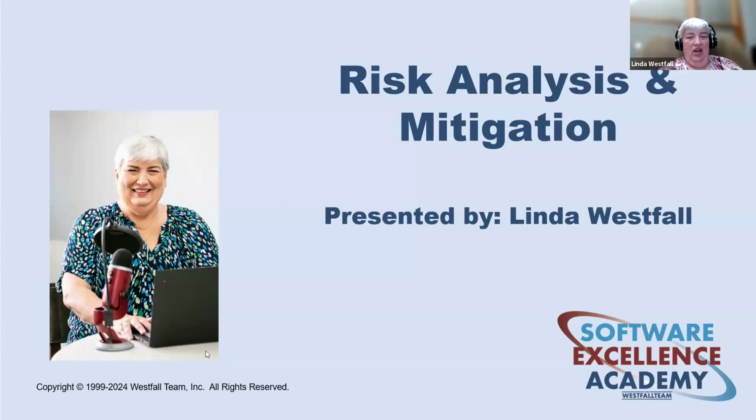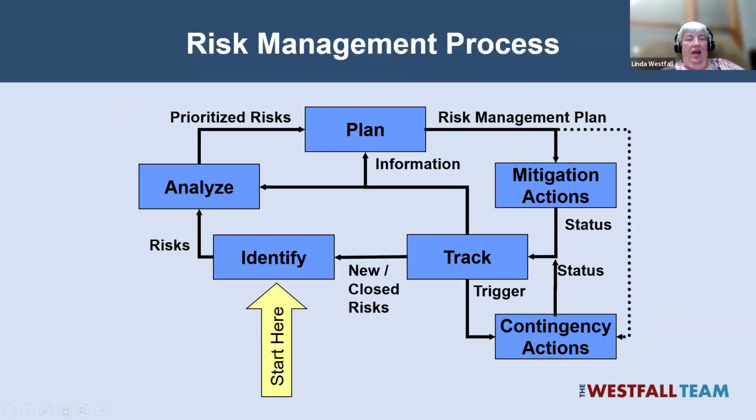Okay. So as she said, I'm going to be talking today about risk analysis and mitigation. Basic risk management process. Let's start there. If you don't know about the risk, you can't do anything about the risk. So the first step is going to be to identify the various project and product risks that you have.